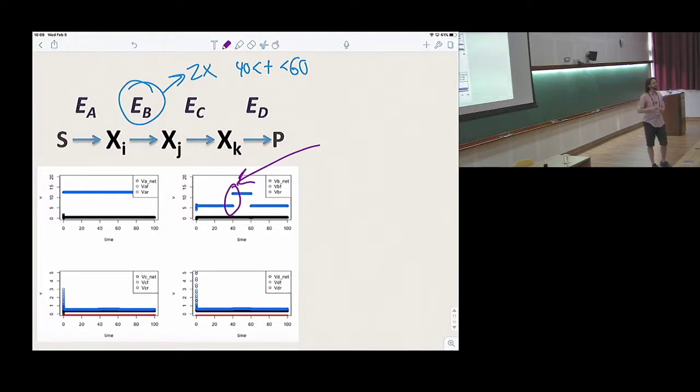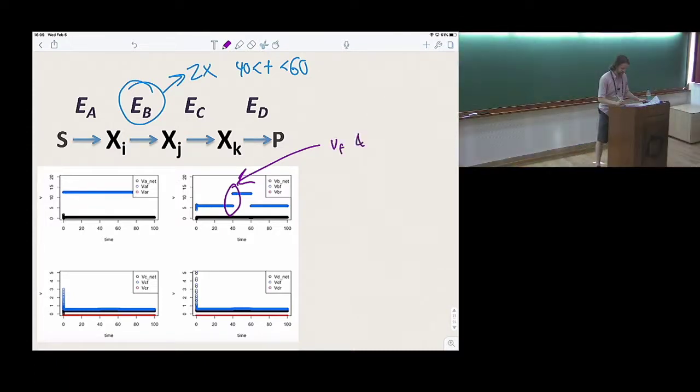There's very little proportional impact, and all the others become slightly more effective now than before. And so this is one way of seeing it in terms of the differences between them. In this case, VF and VR both become larger.